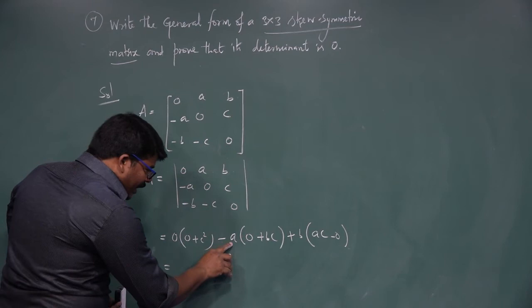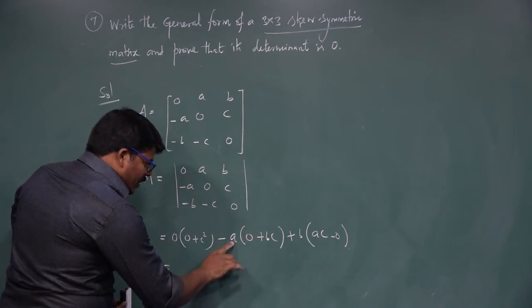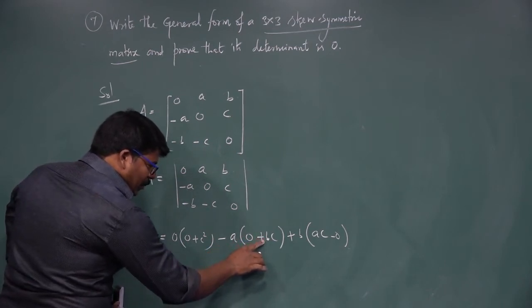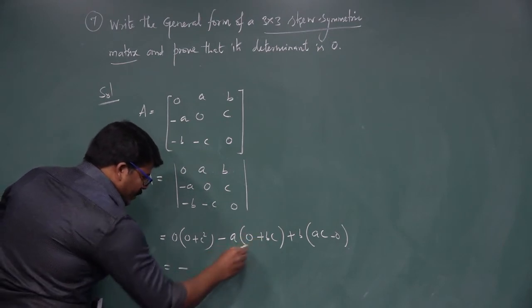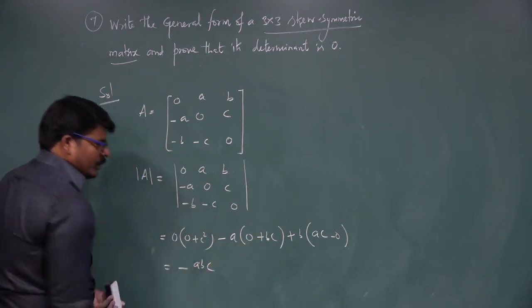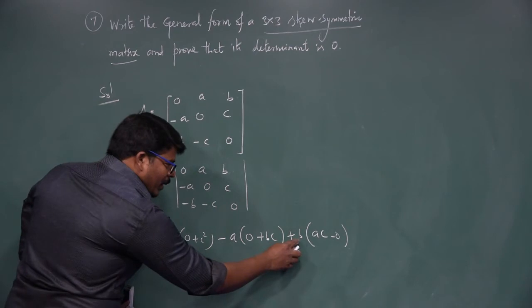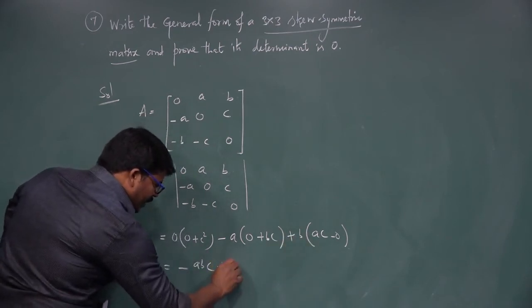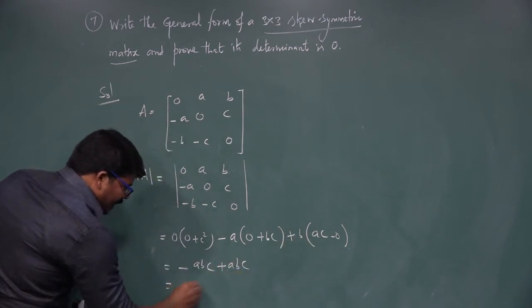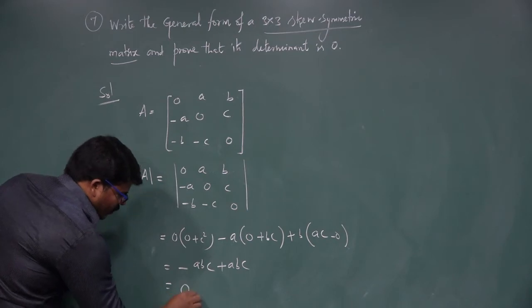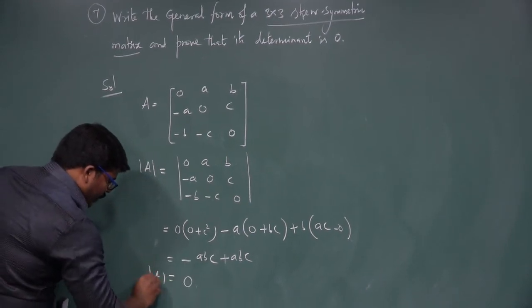Next, minus A into 0 is 0. Next, minus into plus, minus A into BC is minus ABC. Next, plus B into AC is plus ABC. Plus ABC minus ABC is equal to 0. That is, the determinant value equals 0.